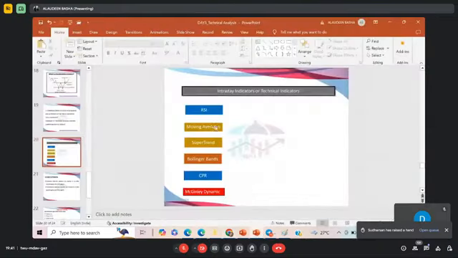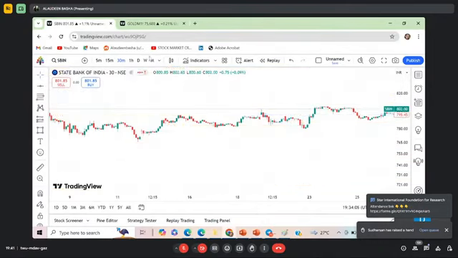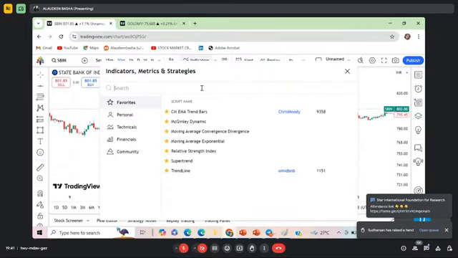That's why I'm recommending these indicators for freshers. There's nothing complicated in these indicators. For example, if you're taking the Bollinger Band, it's a very simple indicator. Anyone can access it and easily analyze it. For example, I will show the Bollinger Band.